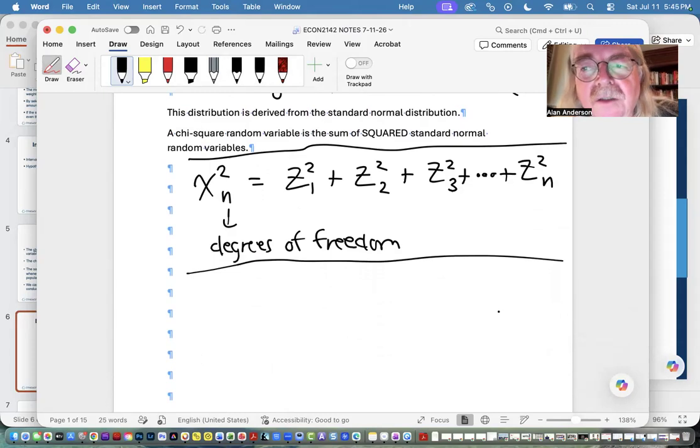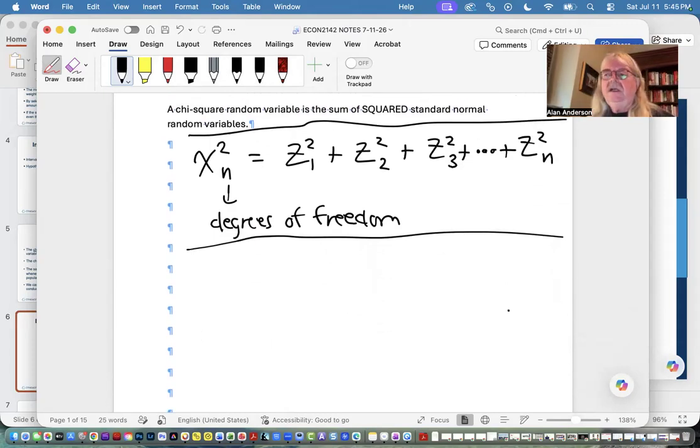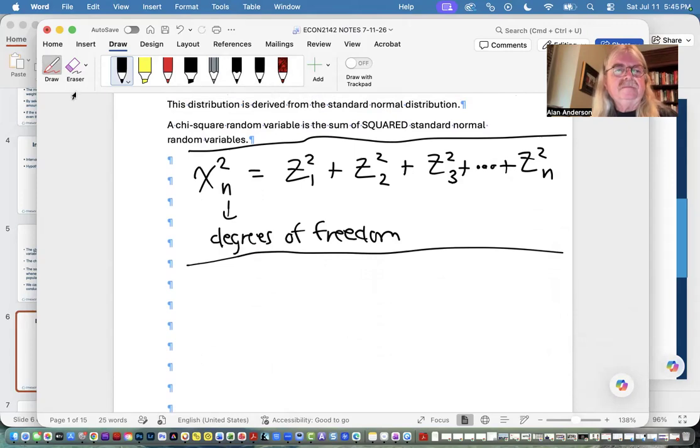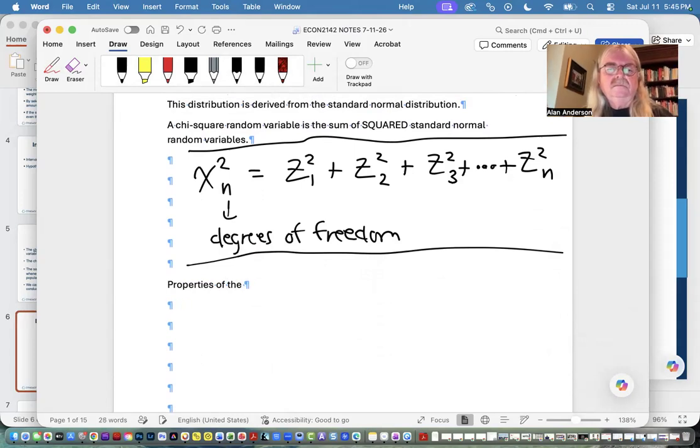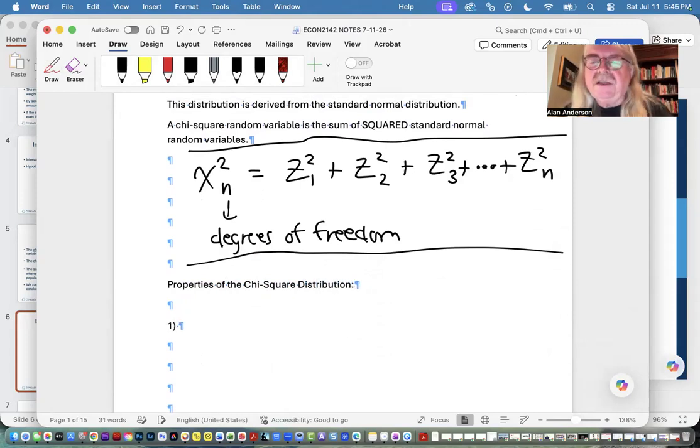Now, what are the consequences of this definition? All right. Well, let's see. For one thing, of course, it has to be continuous because it's constructed from a continuous distribution. Number two, it is only defined for positive values.